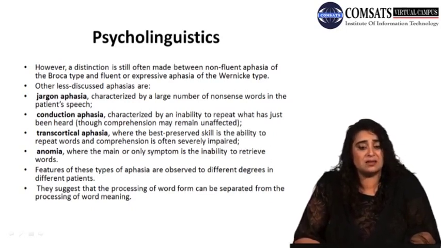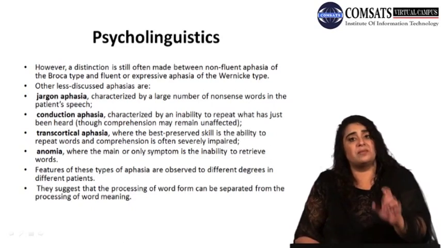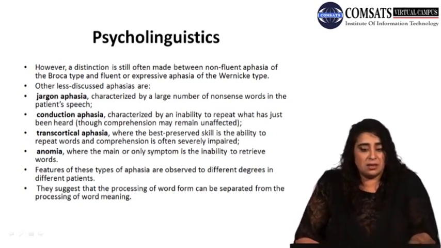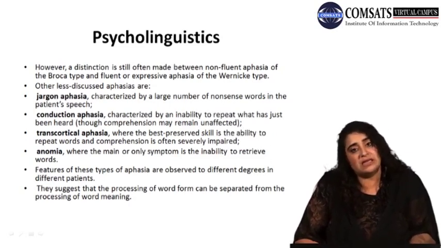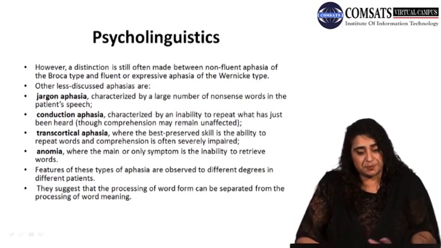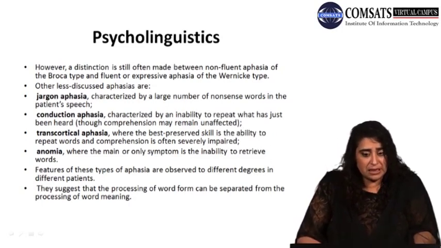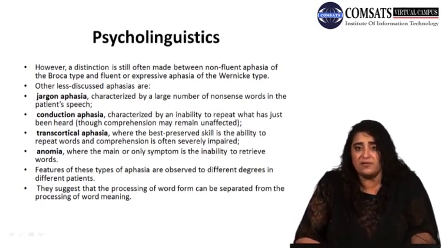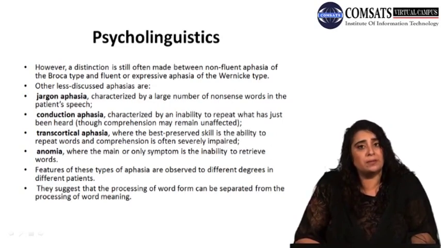The Broca type and the Wernicke type are the main things discussed. The other types of aphasia that are affected by this brain damage are jargon aphasia, conduction aphasia, transcortical aphasia, and anomia.